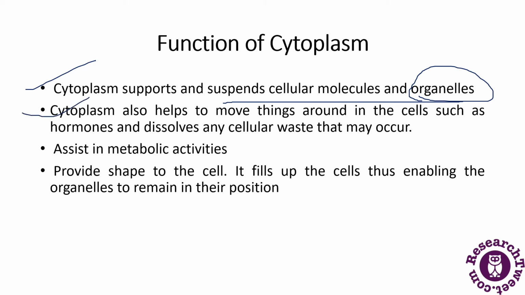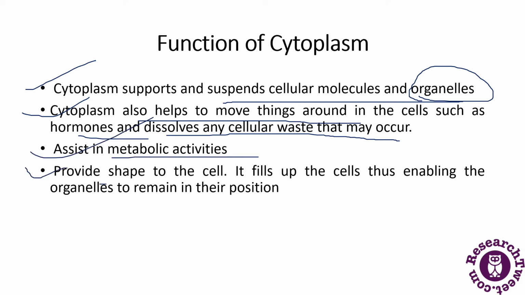The cytoplasm also helps to move things around in the cell, such as hormones, and dissolves any cellular waste that may occur. Because it is semi-liquid and semi-transparent, it can move things around. It also assists in the metabolic activities of the cell.